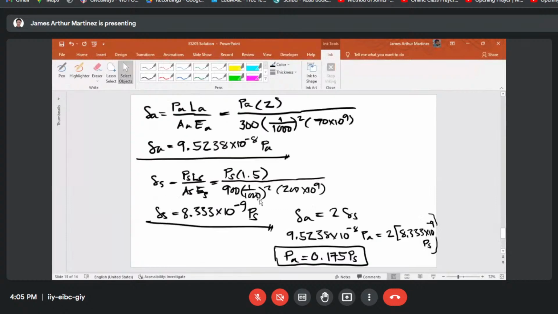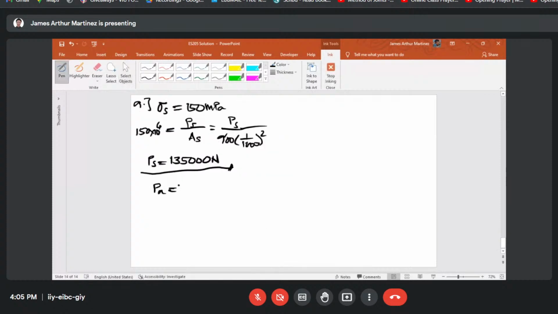We can compute that by using this relationship, that PA is equal to 0.175 of your PS. PS is 135,000. So PA is 23,625 Newton.